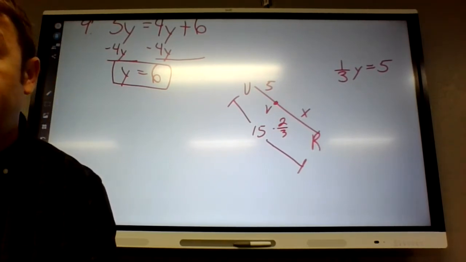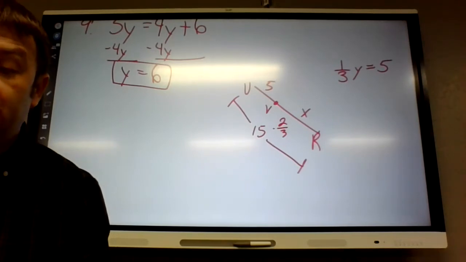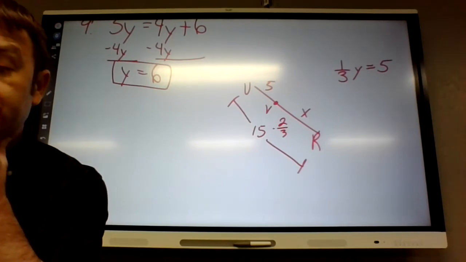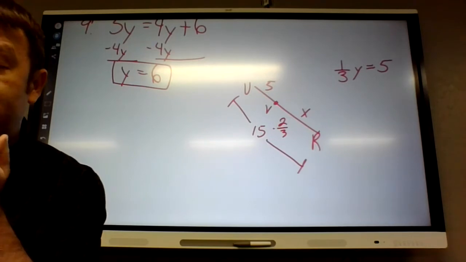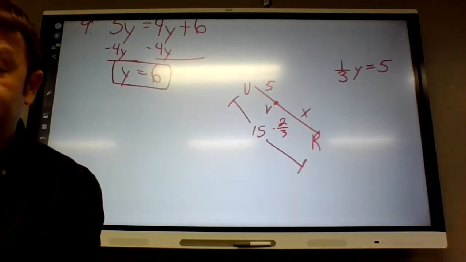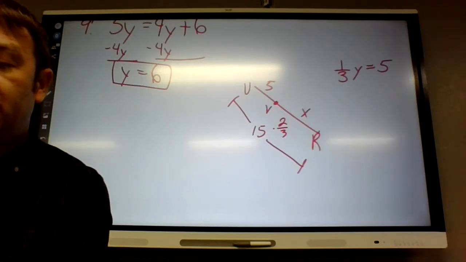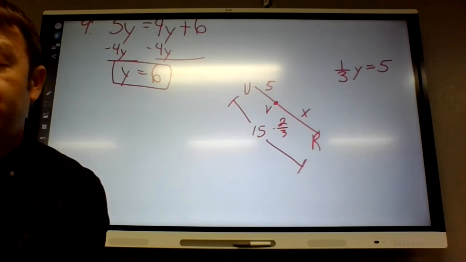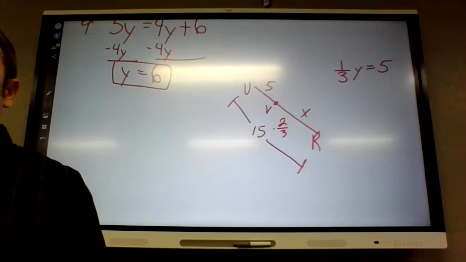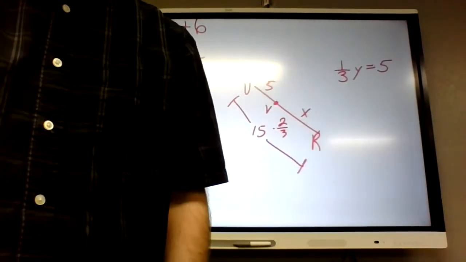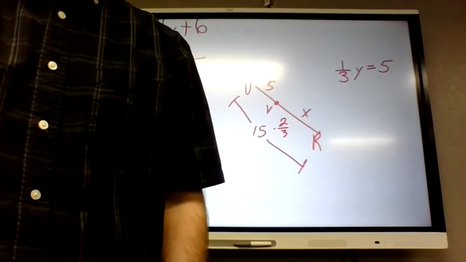Number 11. Okay, we gotta draw stuff again. So you guys remember, this will be a reminder for us what's a circumcenter, what's an incenter, and all that stuff. Are we supposed to use both? No, we're supposed to use triangle XYZ. So triangle XYZ, do you guys know what kind of triangle that is?